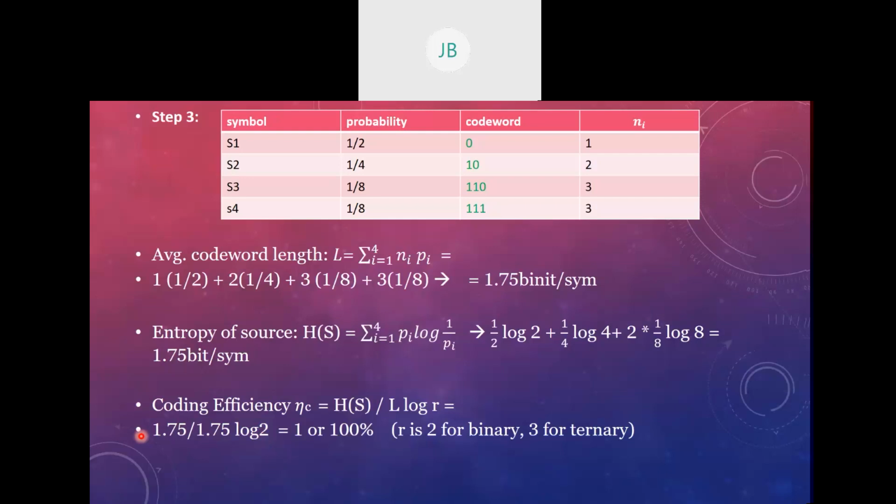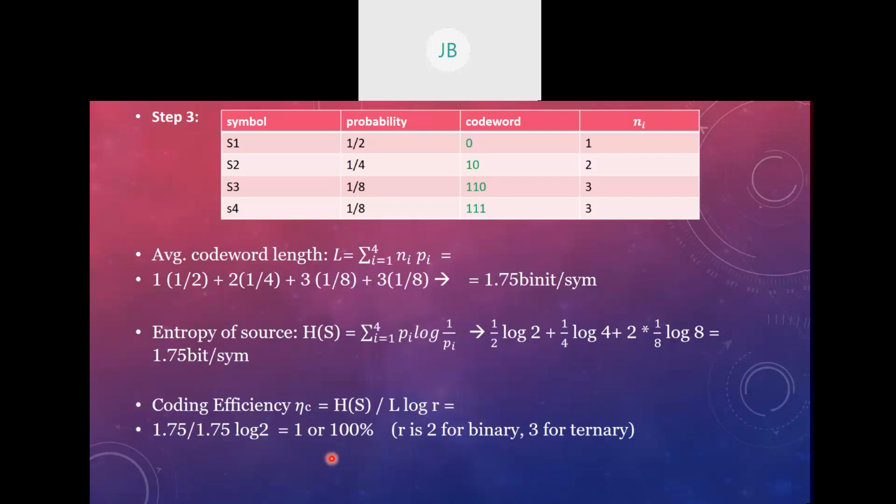So this is nothing but 1.75 divided by 1.75. That will lead us to 1, or 100% efficiency. So the coding efficiency of this particular example is 100%. So this is how we apply the Shannon-Fano encoding and determine its coding efficiency.